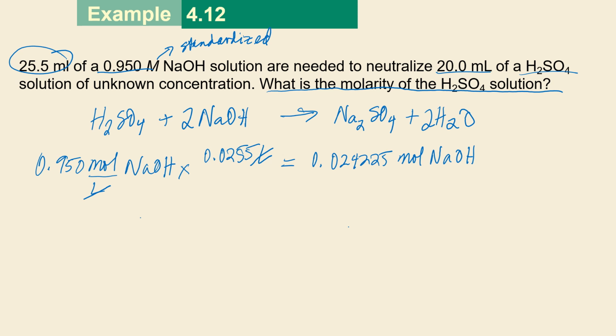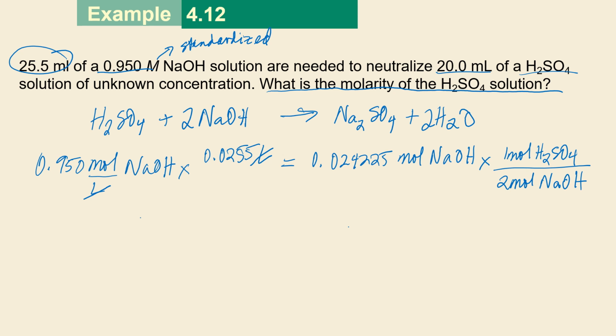Now the question is, how many moles of H2SO4 would this amount of NaOH react with? Well, we have to use the mole-to-mole ratio. So we're going to put 1 mole H2SO4 on top, and we're going to put 2 moles of NaOH on the bottom. So we're basically dividing our NaOH by 2.